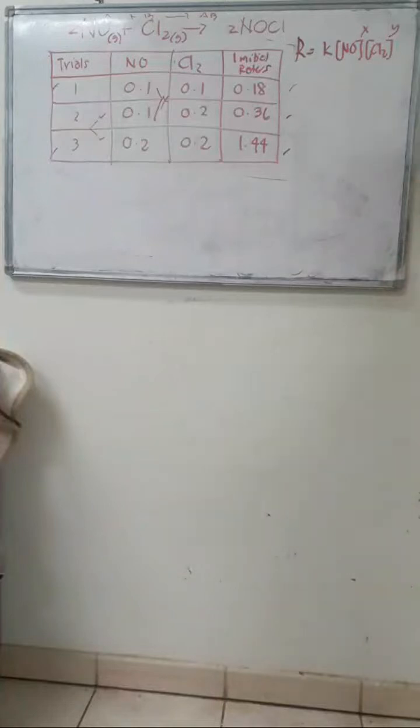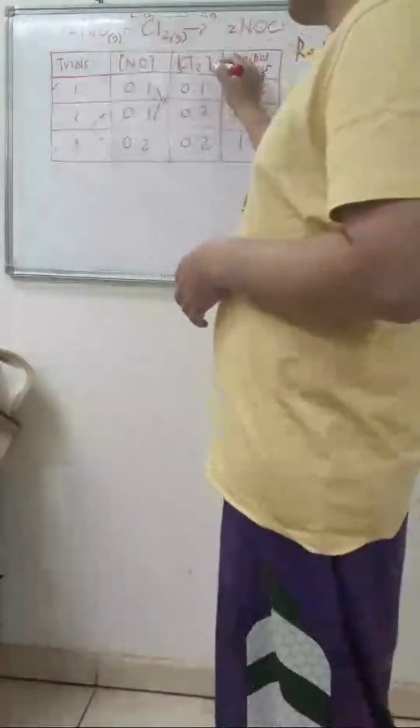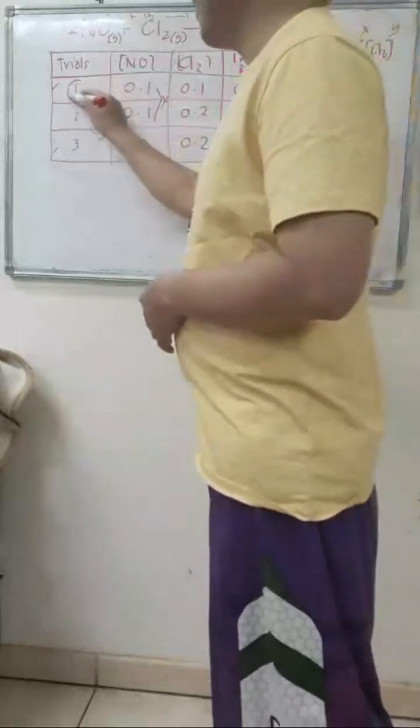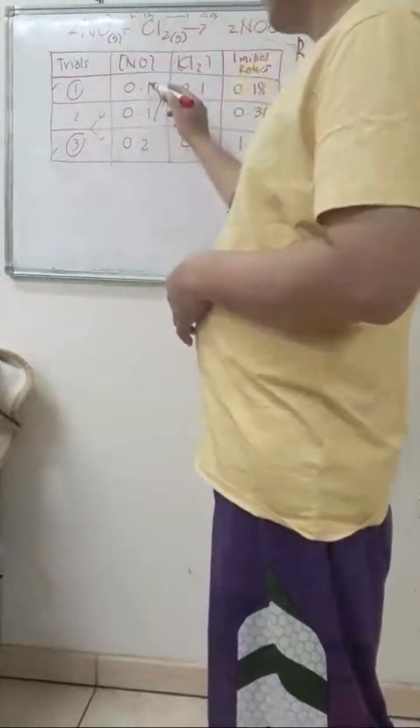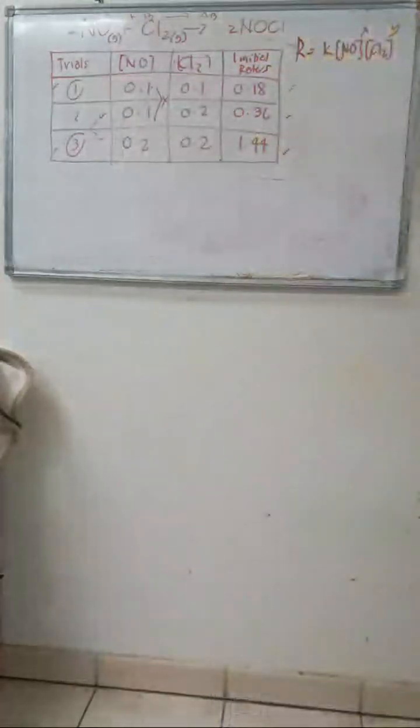Now let's try NO first. For NO, let's say the changes are from 0.1 to 0.2, trials 1 and 3. From 0.1 to 0.2, your concentration is multiplied by 2, right?